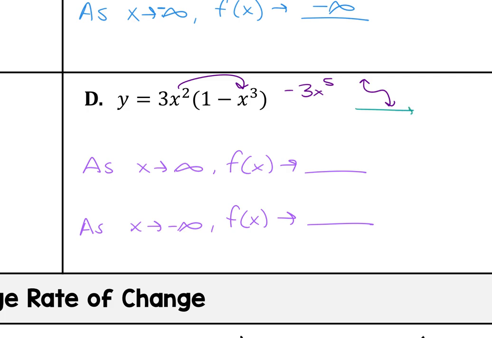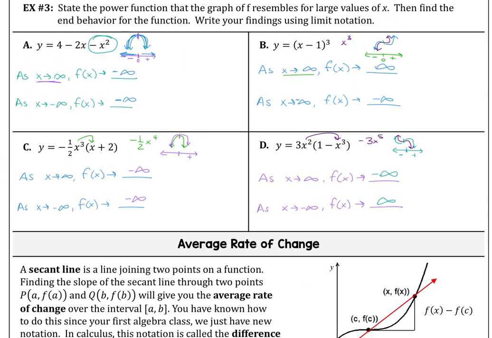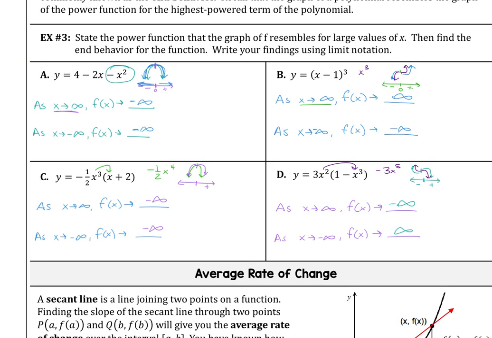Here's our number line, 0, positive, negative. So as we're going to positive infinity, it's going to negative infinity, and as we are going to negative infinity, we're heading to positive infinity. That is end behavior.